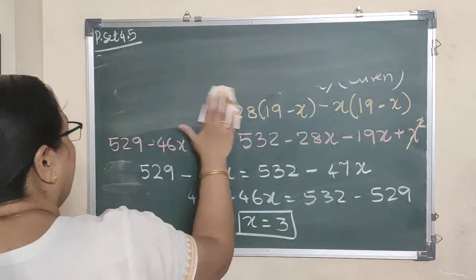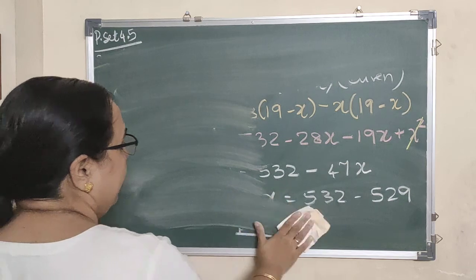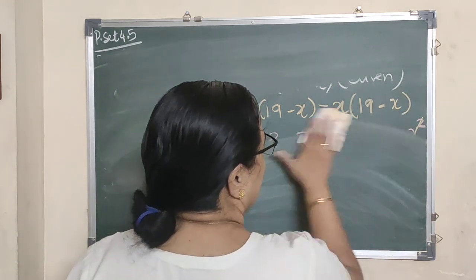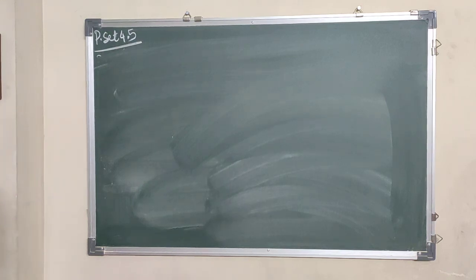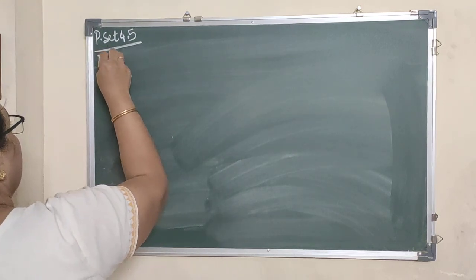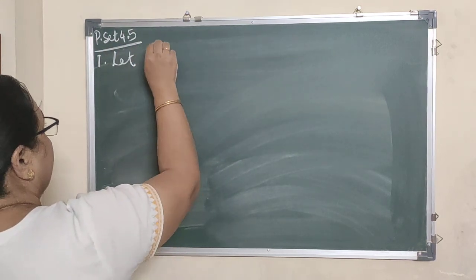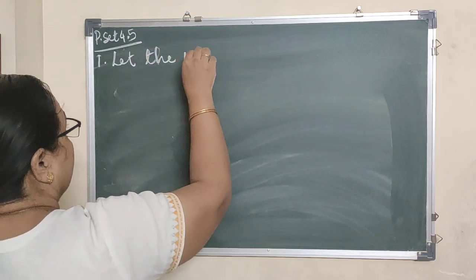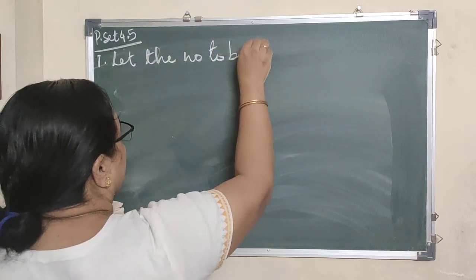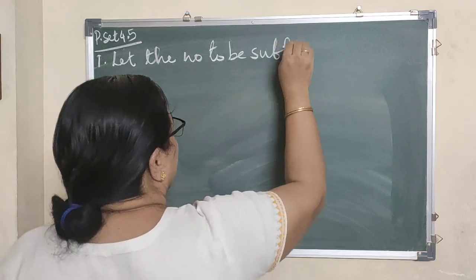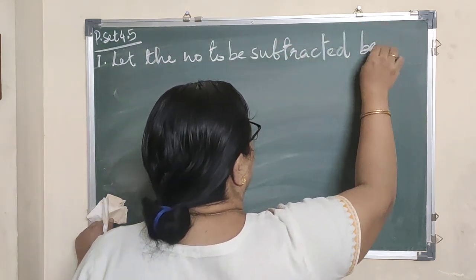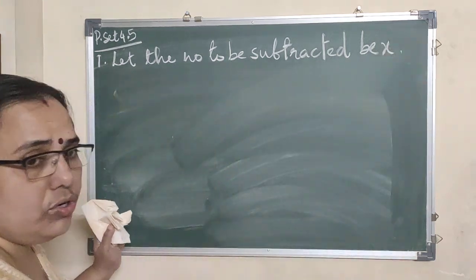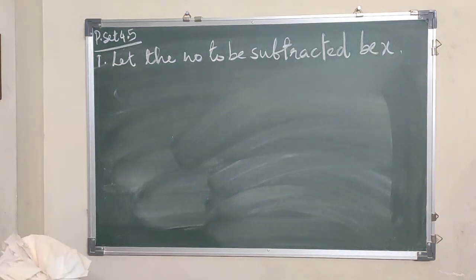We say let the number to be subtracted be x. So if the number to be subtracted is x, then what is the resulting number?